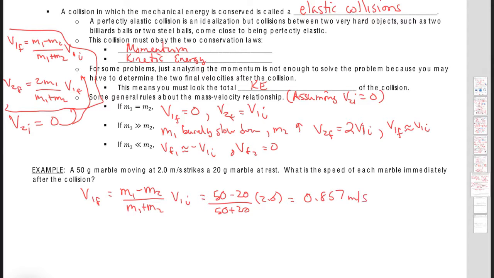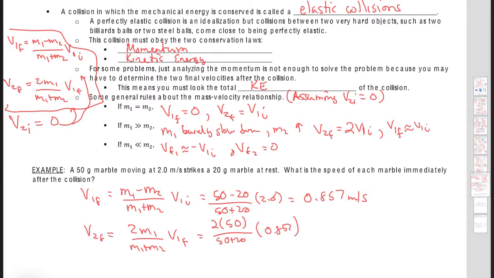That's going to be 0.857 meters per second. For v2 final, we use the other equation, 2 m1 over m1 plus m2 times v1 final. So it's 2 times 50 over 50 plus 20 times 0.857.